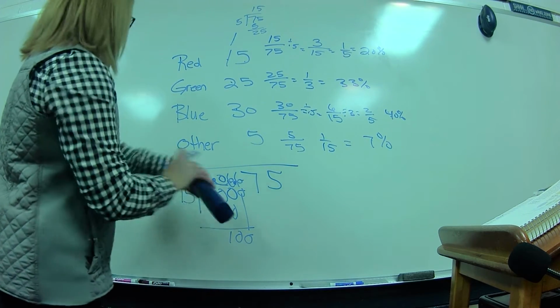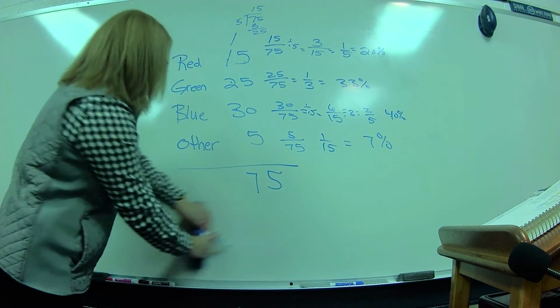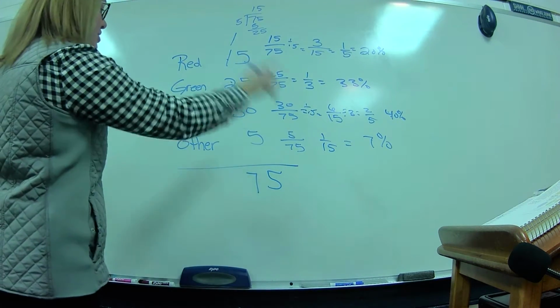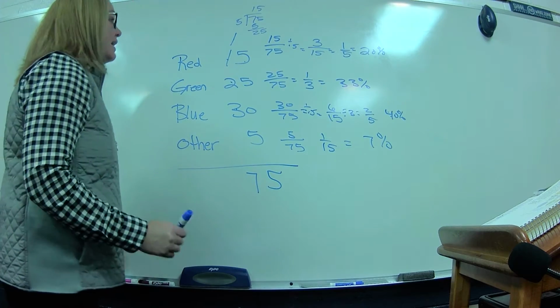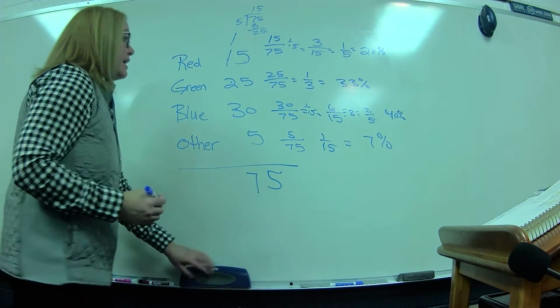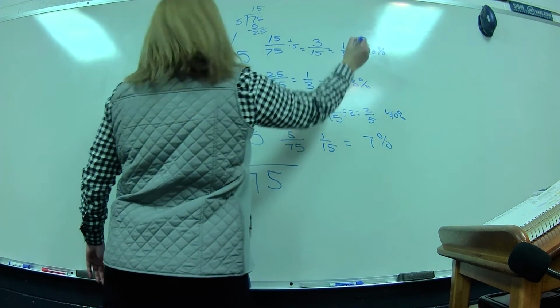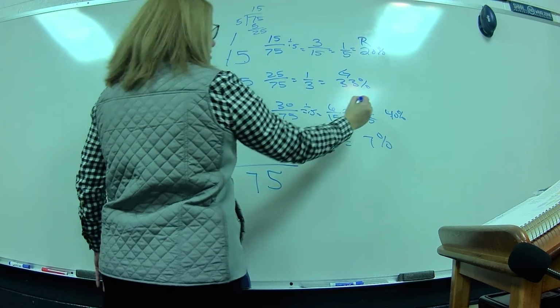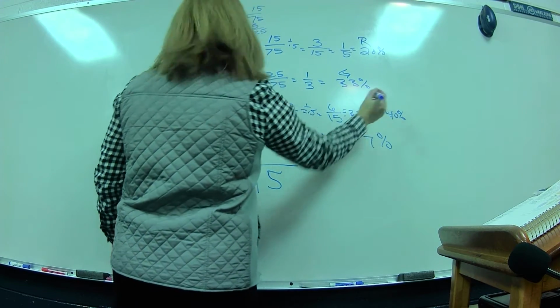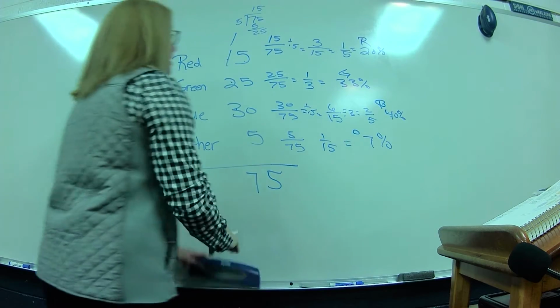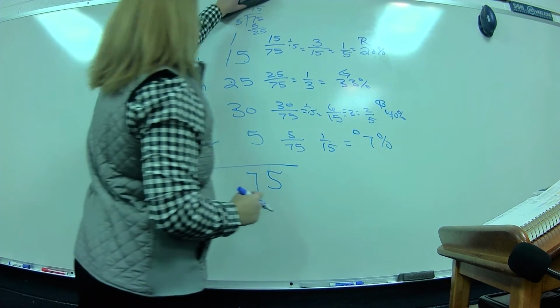Now again, we will learn to do the angles of these things later, but let's just do a demonstration of what this kind of would look like. Alright, I'm going to put the little red over here, green, blue, and O for other so I can have some workspace here.